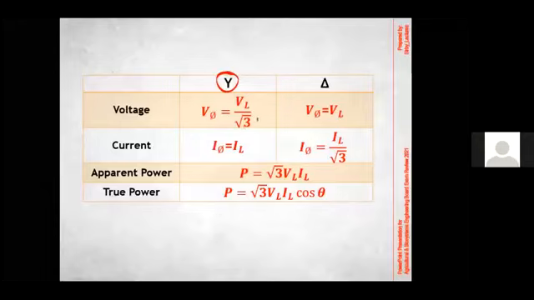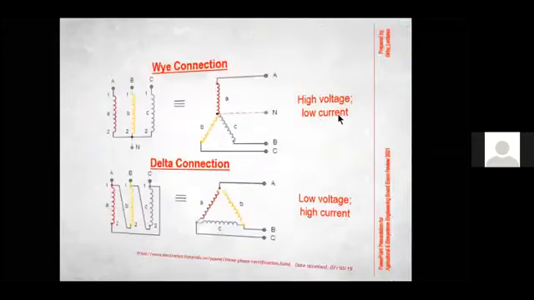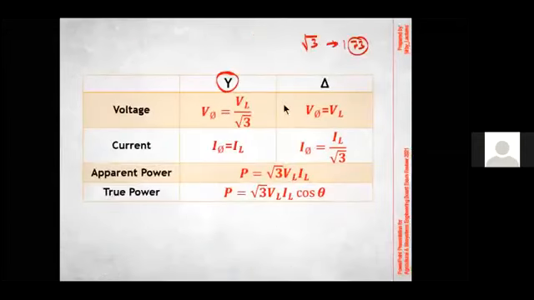And the square root of 3 is around 1.73. So that's why we said earlier that the line voltage for Y connection is greater than the phase voltage, high voltage, low current, because that's 1.73 times greater.